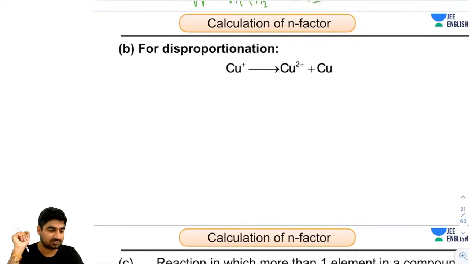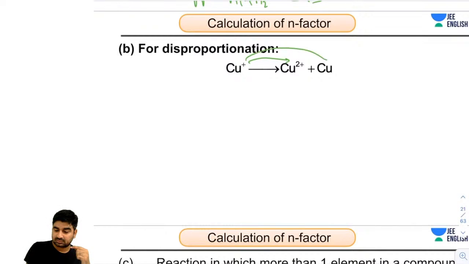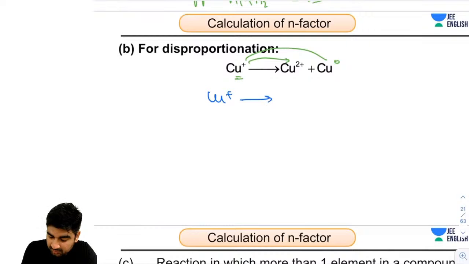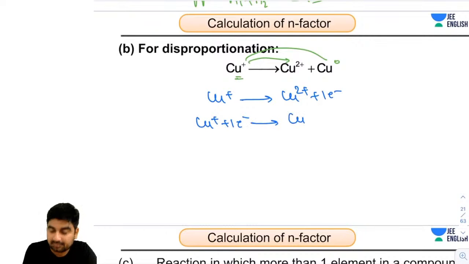Any doubt, guys? So again, here also you can see it is moving from +1 to +2, so oxidation. And then you can see it is moving from +1 to 0, it is reduction. So you can say copper is undergoing oxidation as well as reduction. So it is a case of disproportionation. So what will you do? Cu plus going into Cu2 plus, and Cu plus going into Cu.